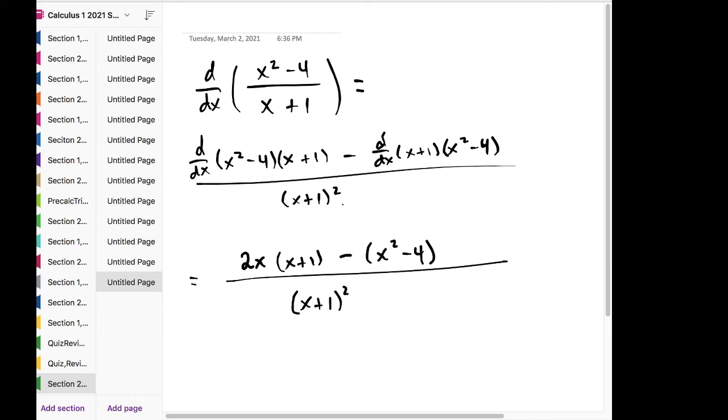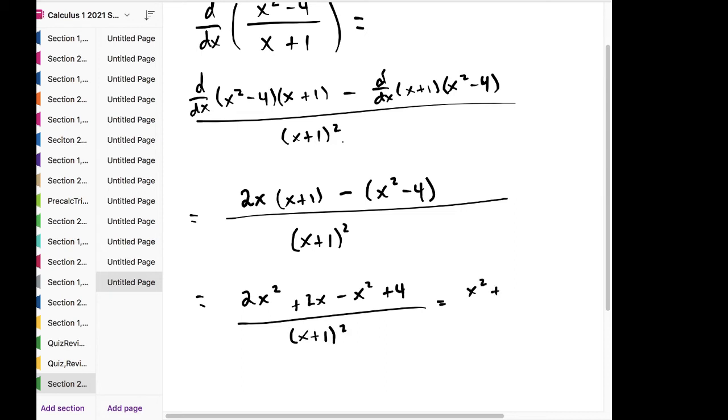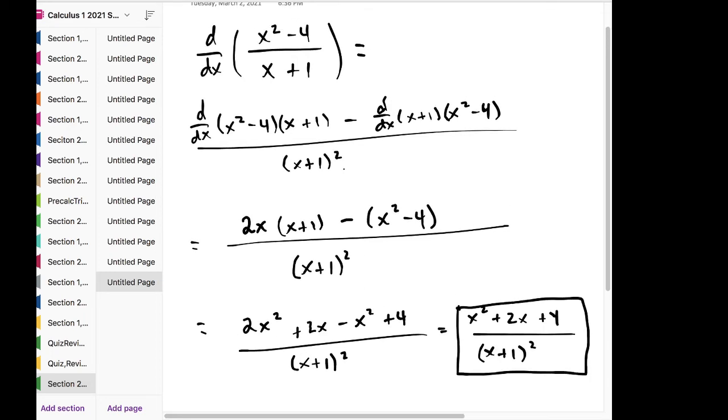Okay, so that's the derivative. If you want to expand it out, 2x squared plus 2x minus x squared plus 4. So this is x squared plus 2x plus 4 over x plus 1 squared. Any questions on application of the quotient rule?